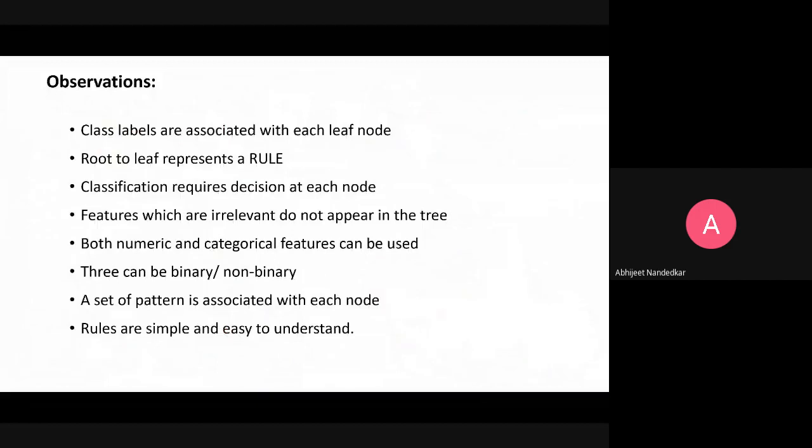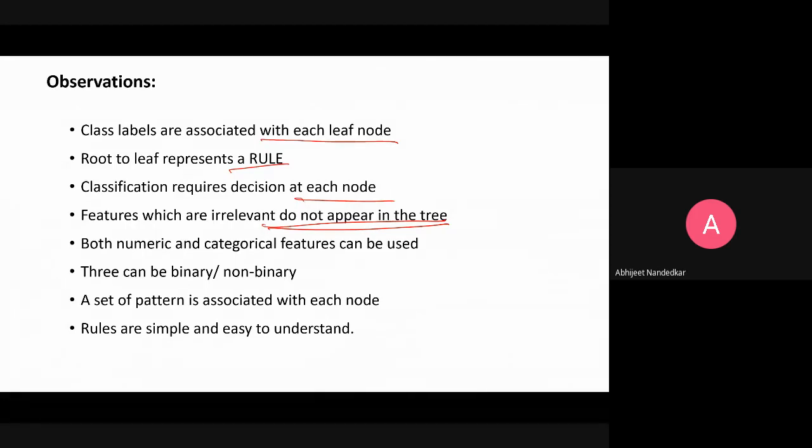So what is our observation? Class labels are associated with each leaf node. Root to leaf represents a rule. Classification requires a decision at each node. Features which are irrelevant do not appear in the tree. So this is important.